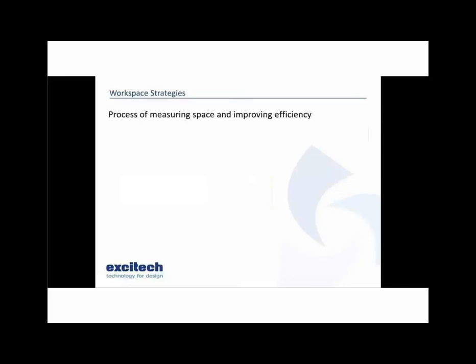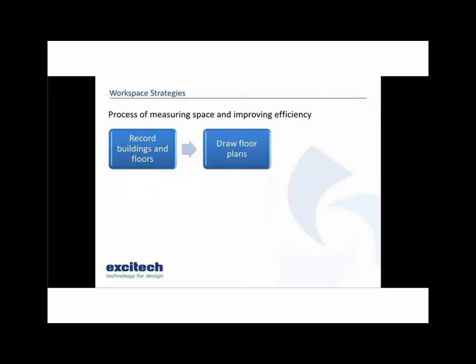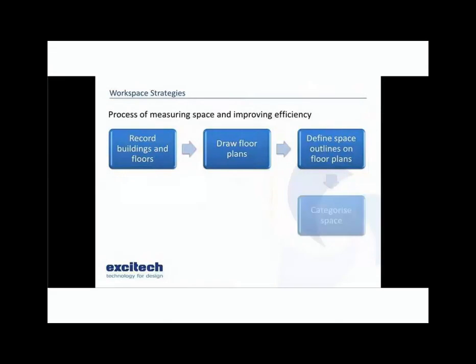So the overall process or the flow is basically starting off by recording what buildings and floors you have, having actual up-to-date and maintained floor plans of those drawings so that you can measure that space, then defining space outlines on those floor plans so you can really categorize space to particular areas.